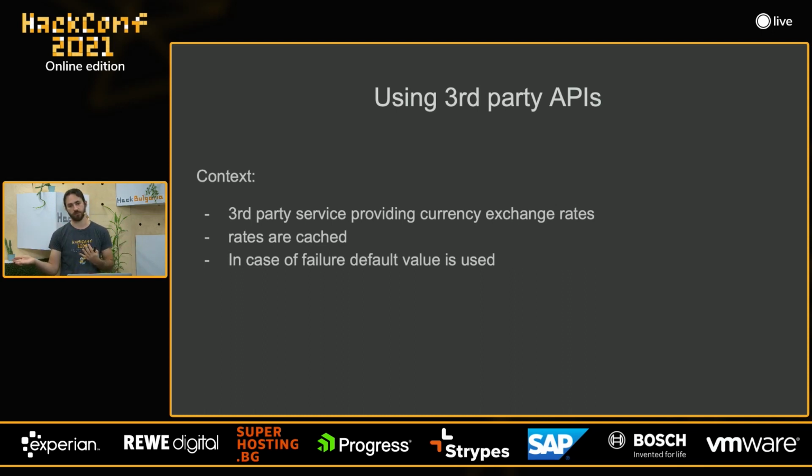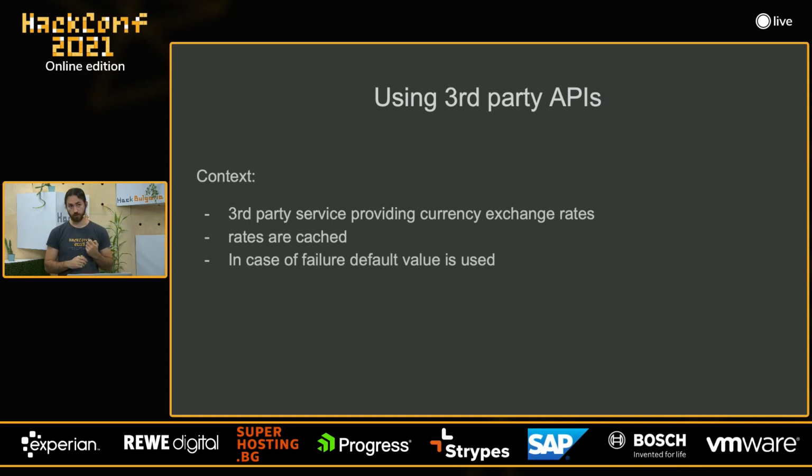Maybe the other service is having problems. Maybe there is a network delay. Maybe something has happened. So we have the rates cached. We try to renew them after a certain interval. If the renewing fails, we use the default for a certain interval. And if the renewing failed for a long period of time, we actually switch to a zero value.